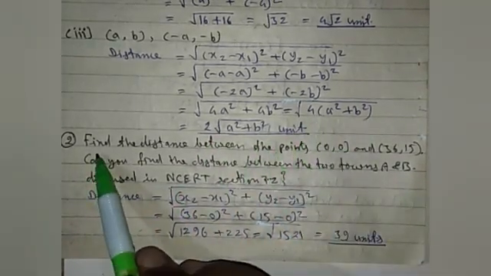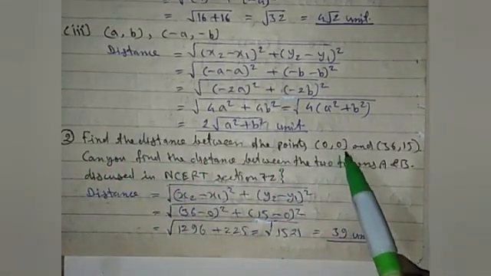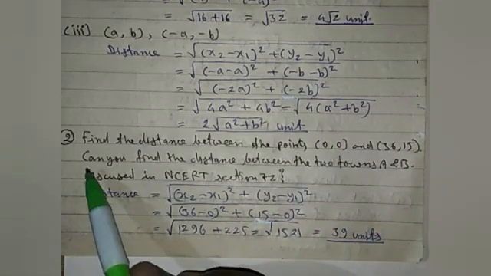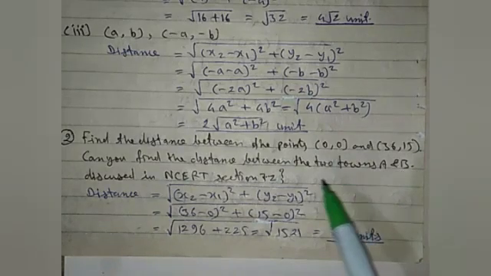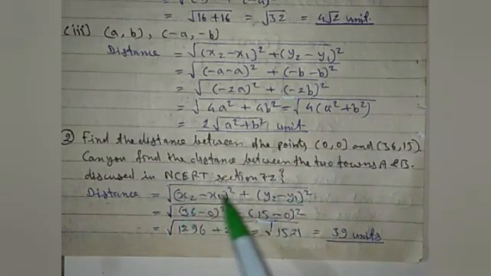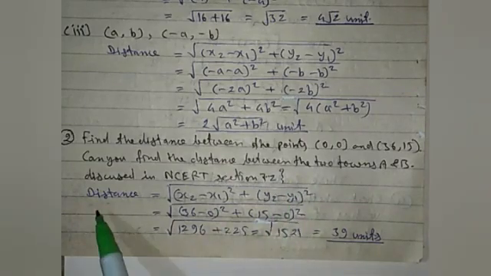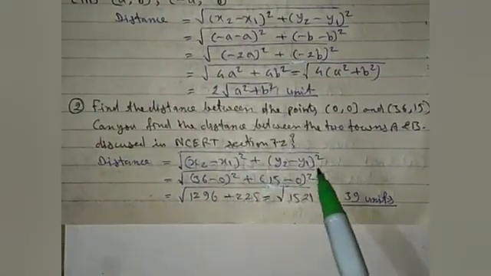Now in question number 2, find the distance between the points (0, 0) and (36, 15). Then can you find the distance between the two towns A and B discussed in NCERT section 7.2? Here using the distance formula, distance is equal to under root (x2 minus x1) whole square plus (y2 minus y1) whole square.